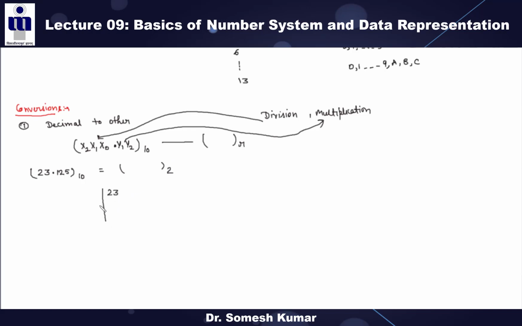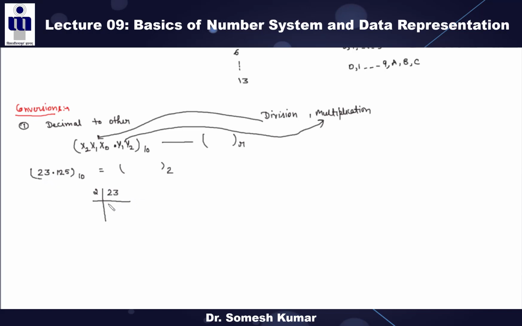We will divide this 23 by 2, or by any base. Suppose you want to convert this to octal, then we have to divide 23 by 8, right? Here we have to convert to binary, so we divide this left hand side number 23 by 2, right?